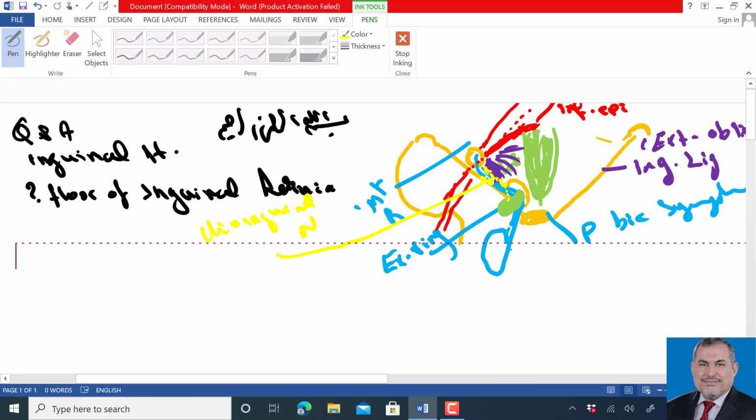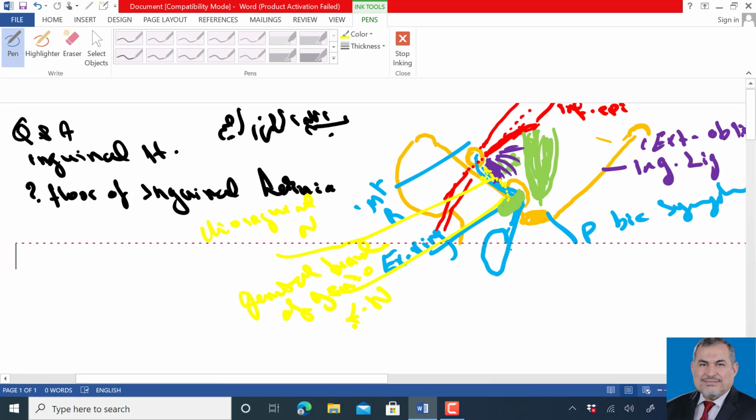But the nerve posterior to spermatic cord is the genital branch of genitofemoral nerve. So here are two nerves: ilioinguinal externally, and posteriorly the genital branch of genitofemoral nerve.